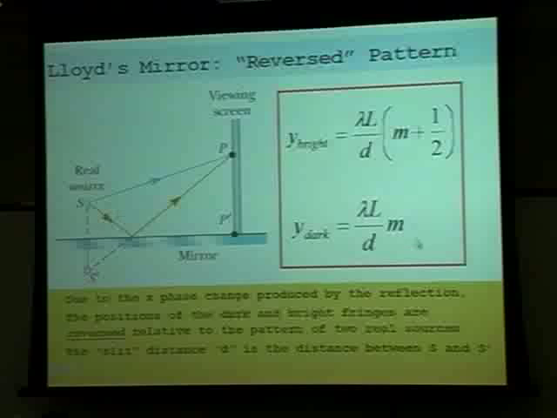And so you put that into these formulas. There's a couple problems in the sets that talk about that, and they tell you how far you are away from the mirror, and so you have to just keep in mind when doing that this distance d will be twice that distance.